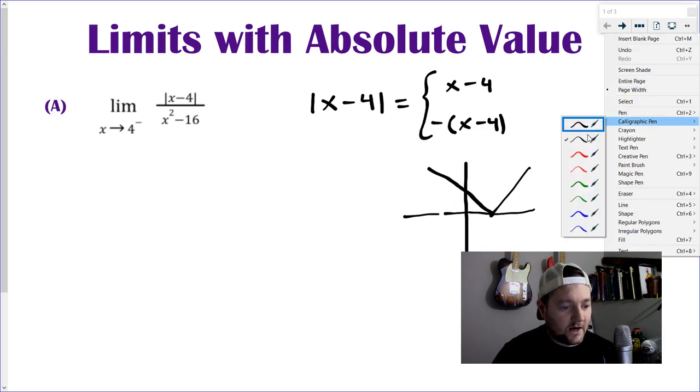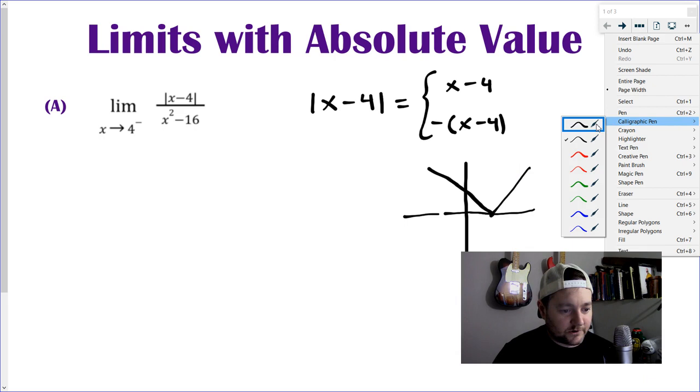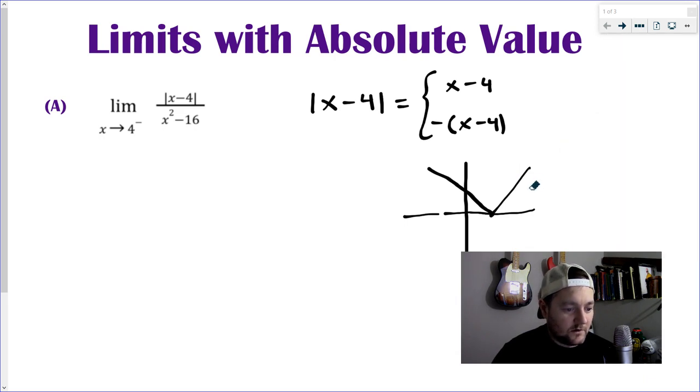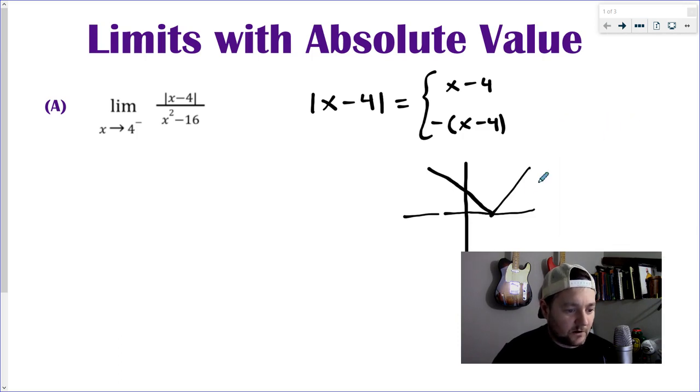So we have to decide what piece belongs to what side. In general, we have the x. Here we go. This is the positive slope side, and this is the negative slope side.